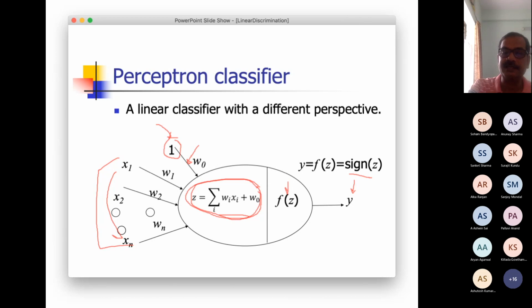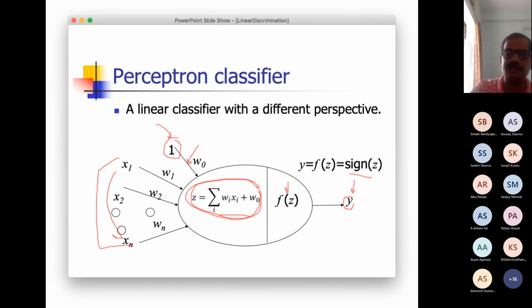So the sign directly represents a class: +1 and -1. So it has two outputs primarily, and 0 may be a kind of trivial scenario which you have to interpret as per your convention.